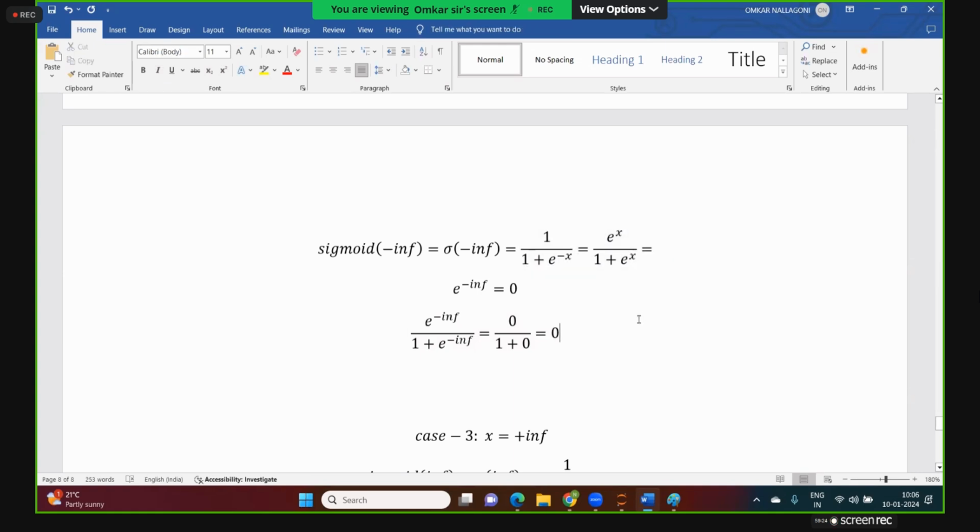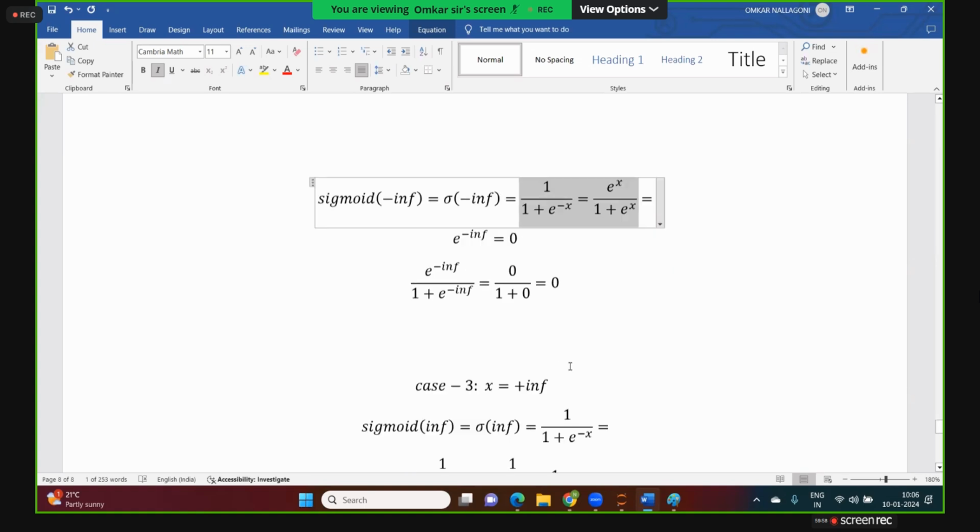First you tell me, is this valid or not? Substitute this. Again, don't reverse it. Understood? e power minus infinity is how much? 0 by 1 plus 0 is 0. If it is minus infinity, it is 0.